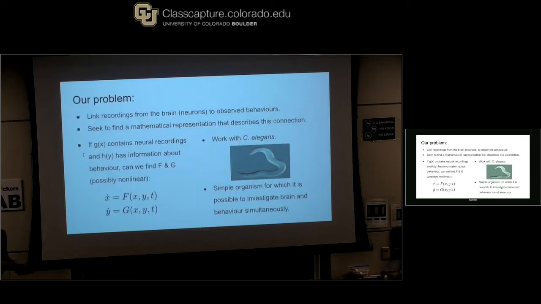Basically our project boils down to trying to establish a link between the brain of an animal and its behavior. You can imagine if you take an animal, its brain controls its behavior, but its behavior can also influence the brain. If I punch myself in the face, that's me controlling my behavior, but then I'm not going to do it again because it hurts.